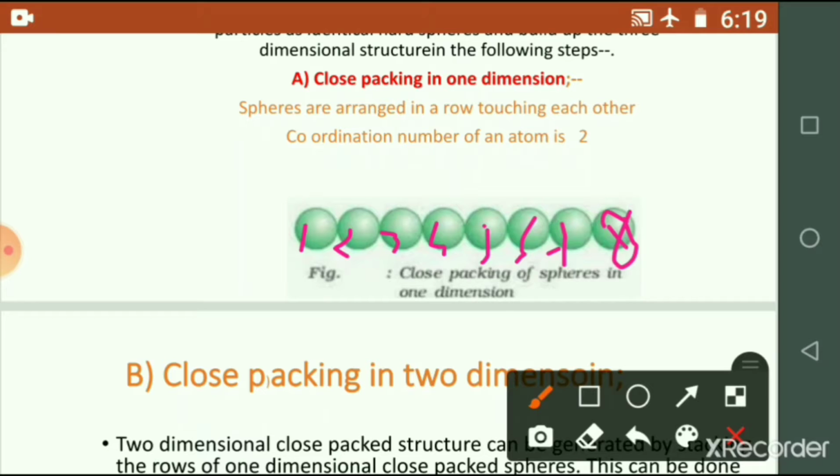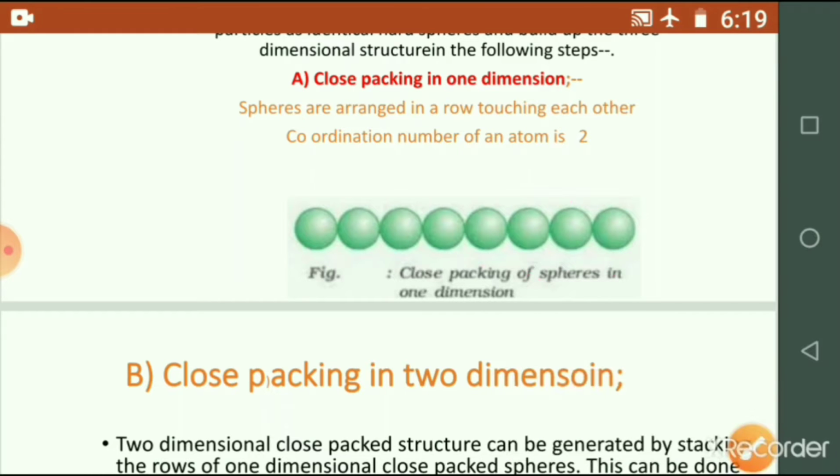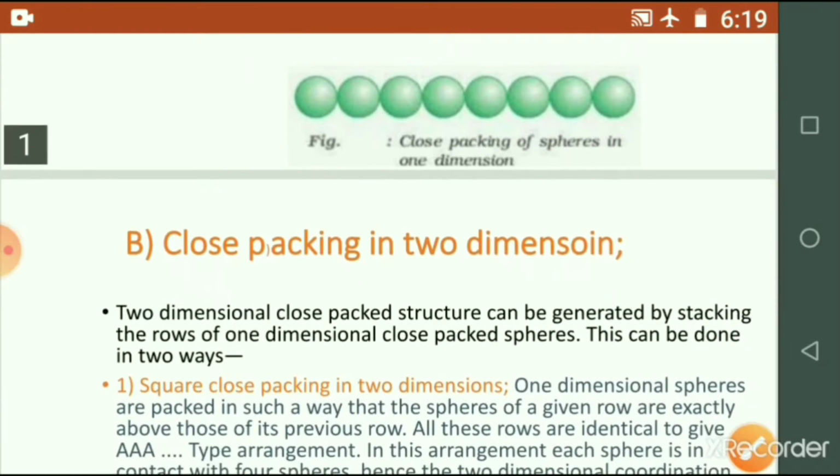If I observe, the second is touched by 1 and 3. Third is touched by 2 and 4. 6 is touched by 5 and 7. 7 is touched by 6 and 8. That is, each atom or each hard sphere is in direct contact with two other spheres. That's why the coordination number of an atom is 2 in one-dimensional close packing.